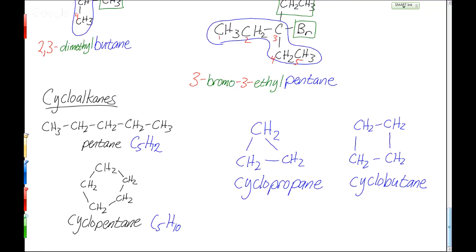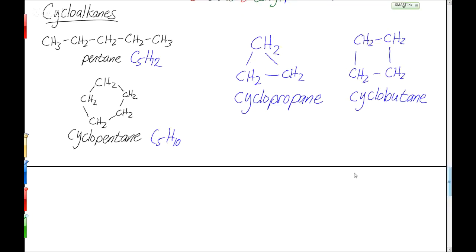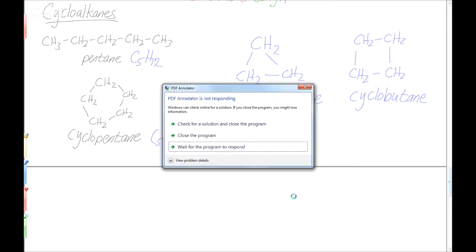Cyclopentane gets closer. And actually, the most stable and most common type of cycloalkane, the one in our body that many of our compounds like carbohydrates and hormones are based on, is cyclohexane.